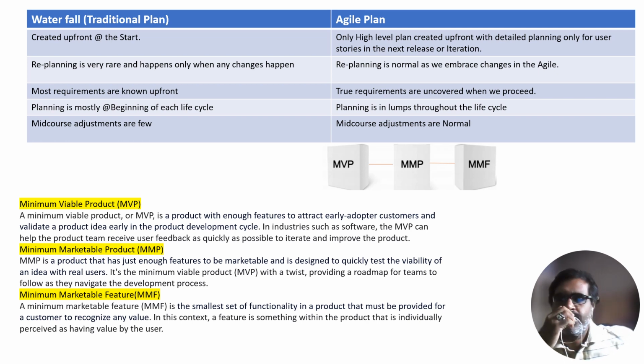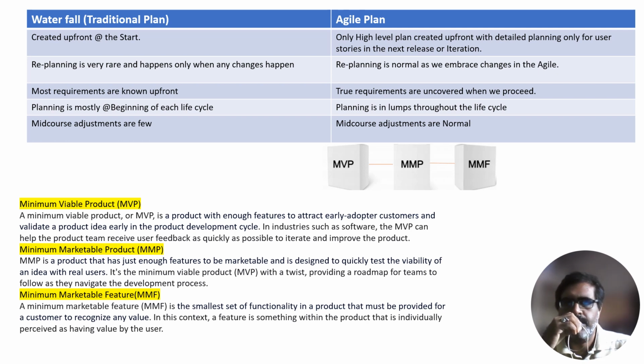So the important thing: traditional plans are mostly prepared at the beginning, whereas Agile plans are prepared in lumps throughout the project phase. This means that we do some high-level planning at the beginning, and then we do detailed planning just before the work is taken up in an iteration in case of Agile. As changes are commonplace in Agile, we replan when changes come.